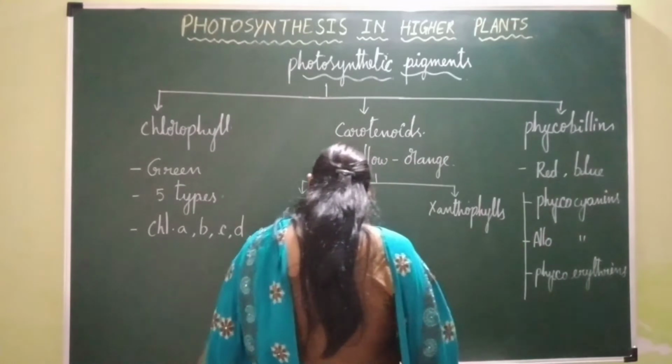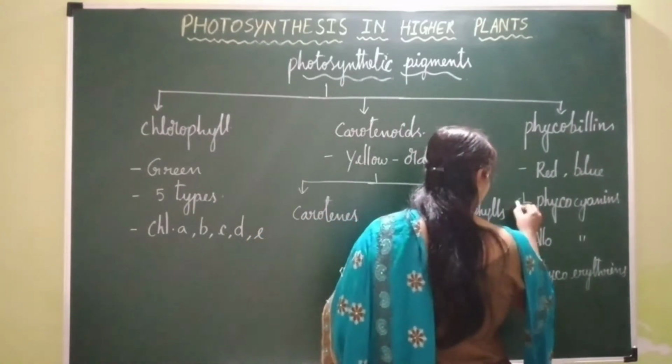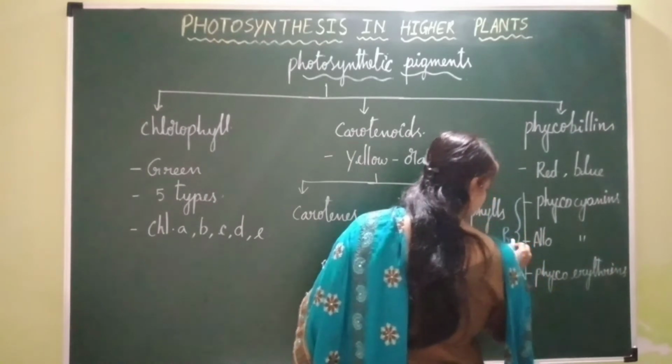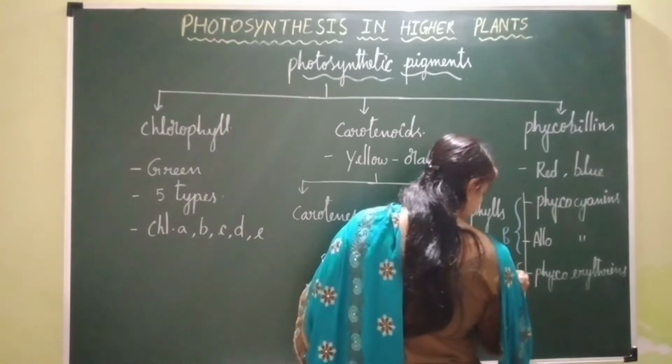Phycocyanins and allophycocyanins are blue in color, whereas phycoerythrins are red in color.